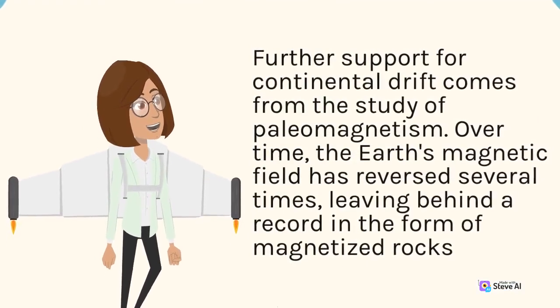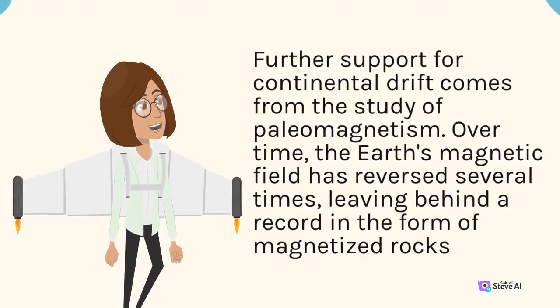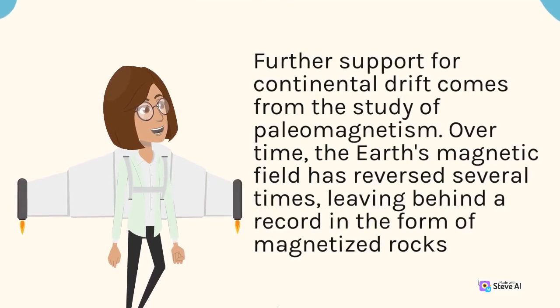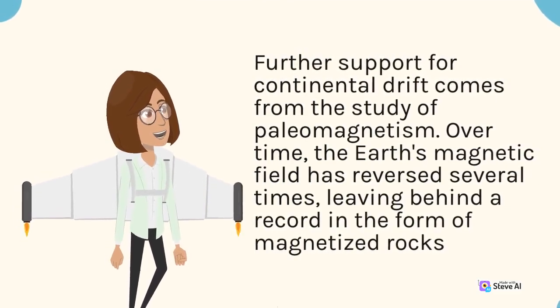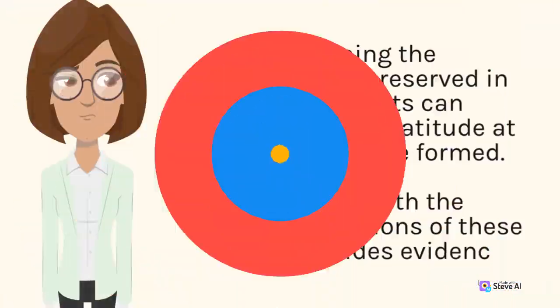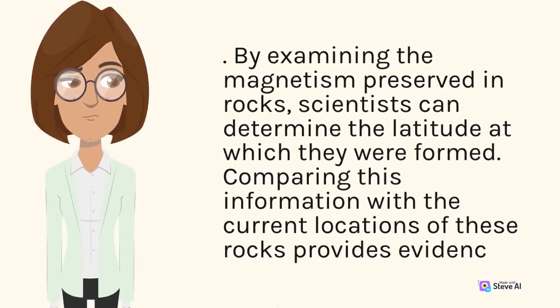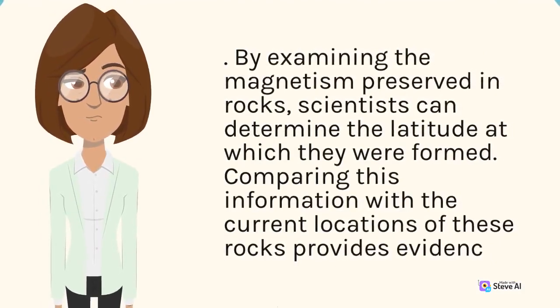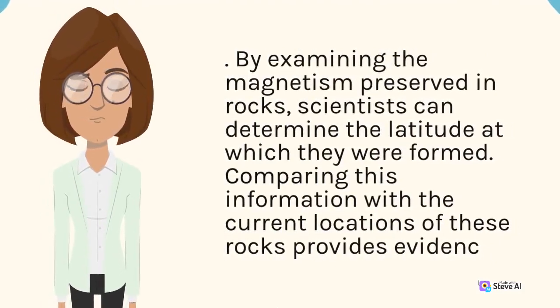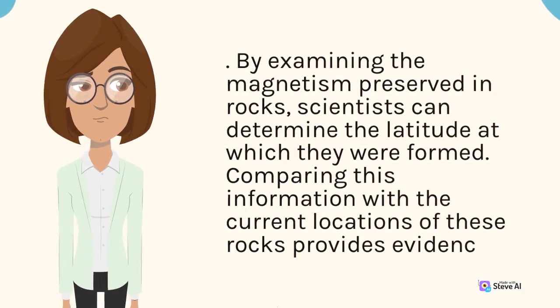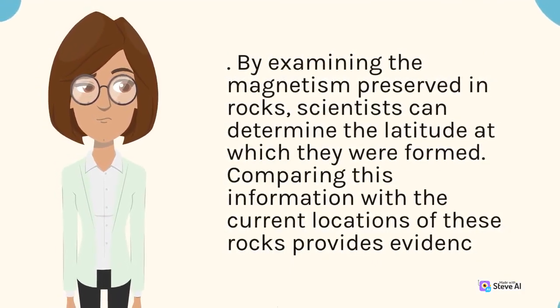Over time, the Earth's magnetic field has reversed several times, leaving behind a record in the form of magnetized rocks. By examining the magnetism preserved in rocks, scientists can determine the latitude at which they were formed. Comparing this information with the current locations of these rocks provides evidence of continental drift.